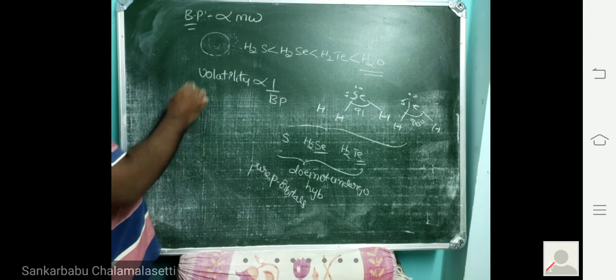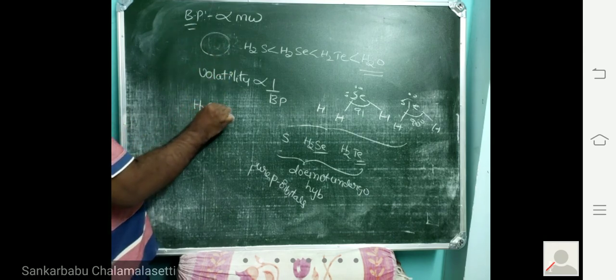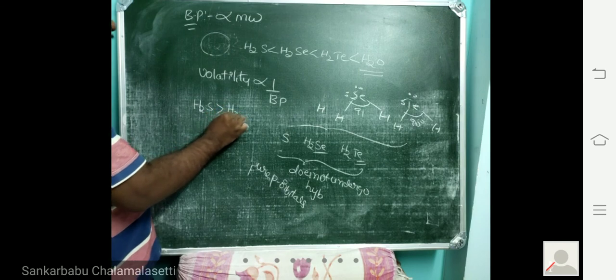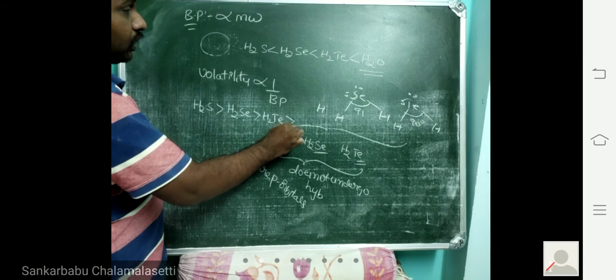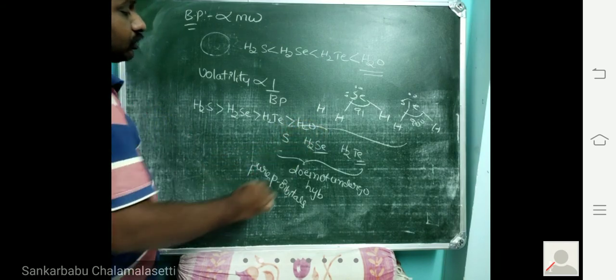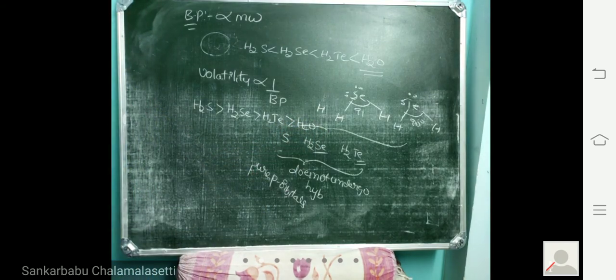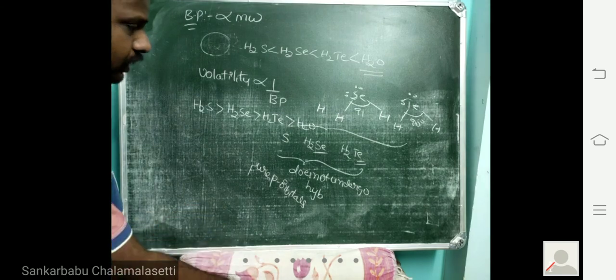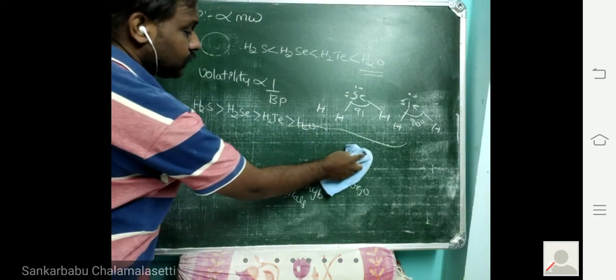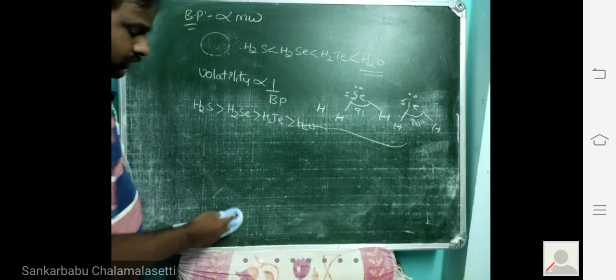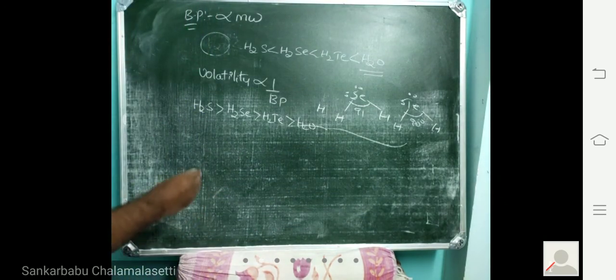So which hydride is more volatile? H2S, after that H2Se, after that H2Te, and after that water. Among these hydrides, the least volatile is H2O, and the most volatile is H2S.